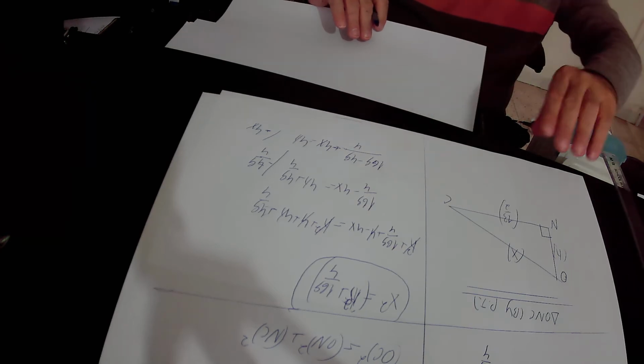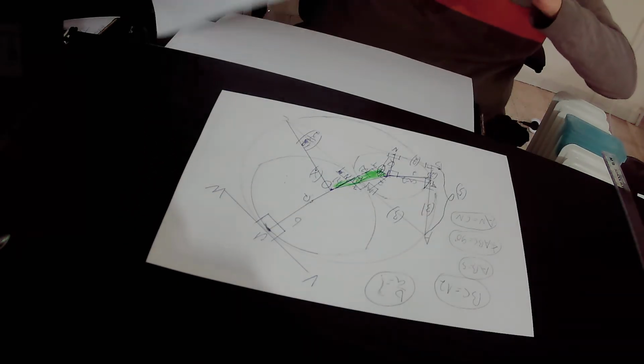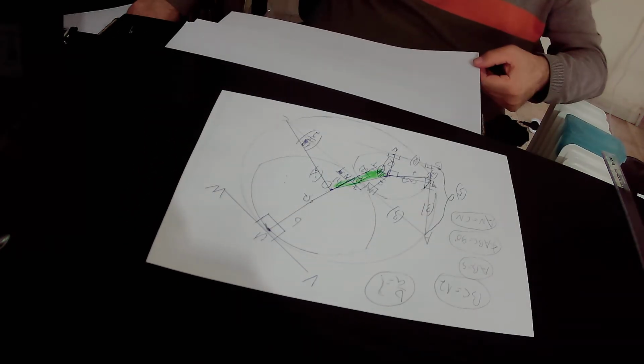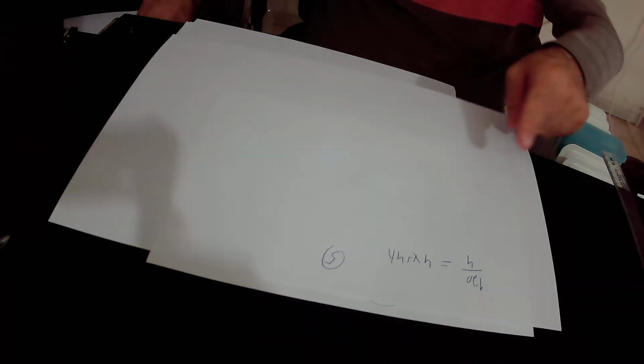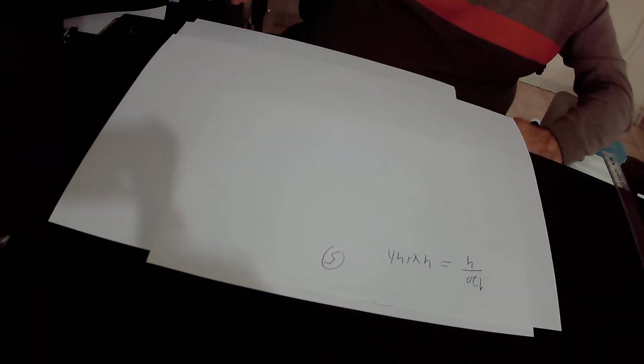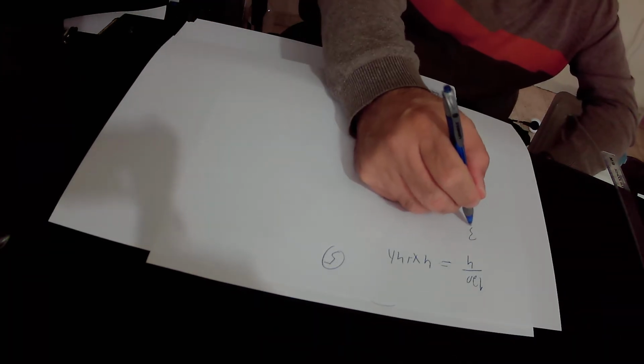In conclusion, we found out that 120 over 4 equals 4x plus 4h. 120 over 4 is 30.